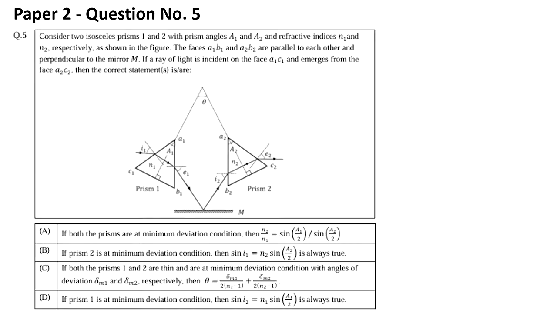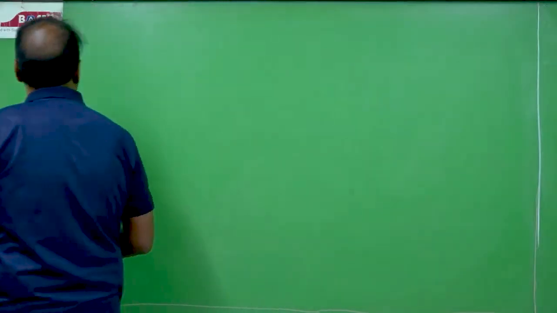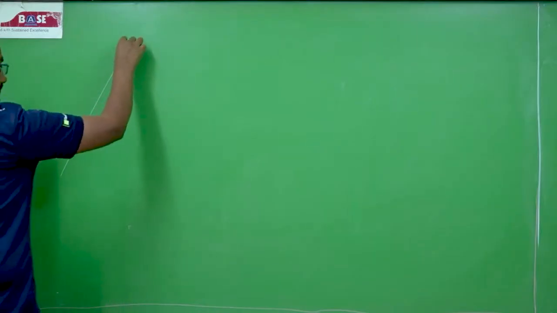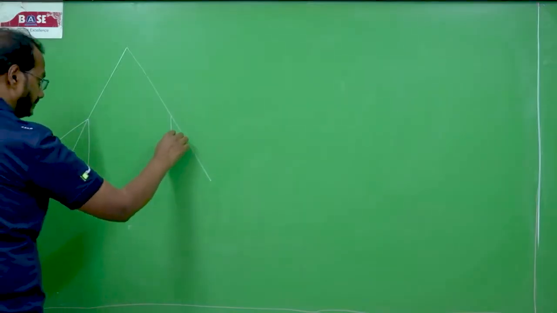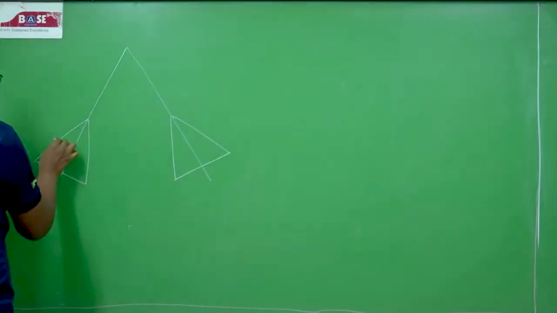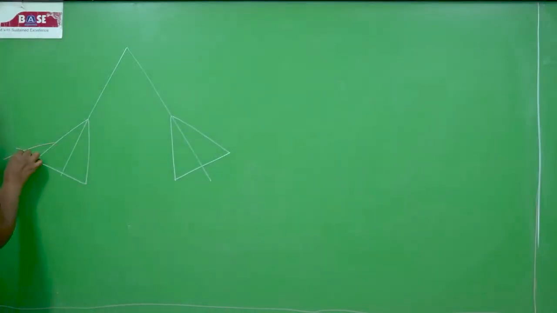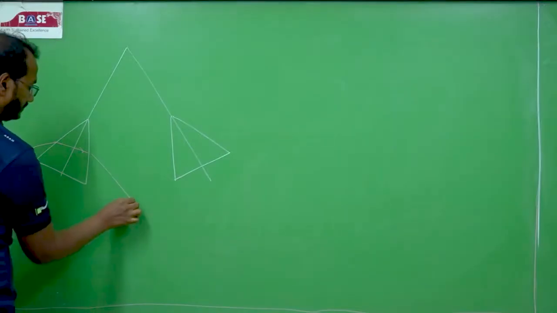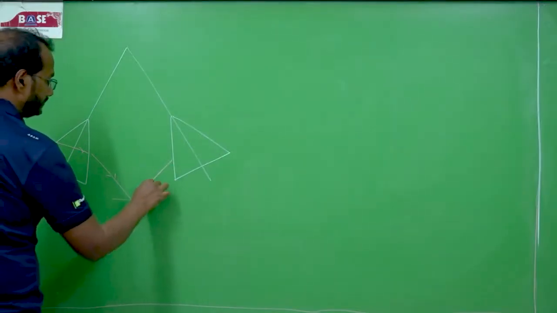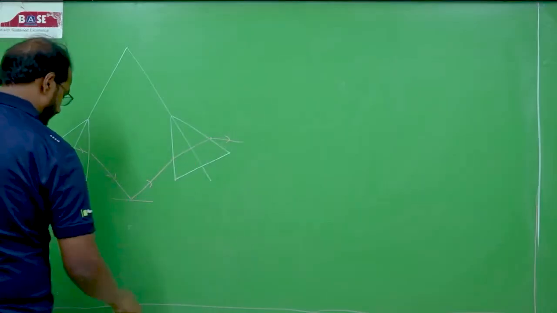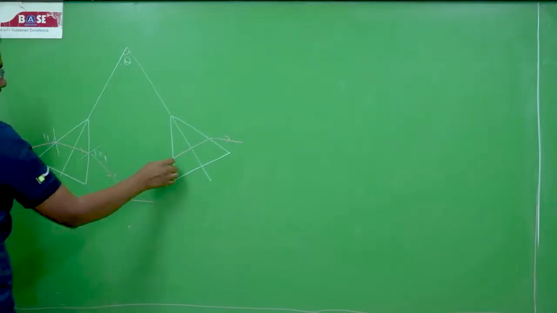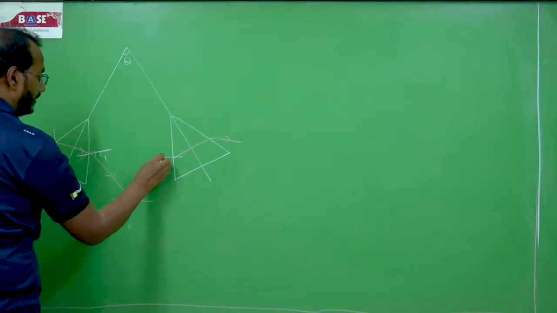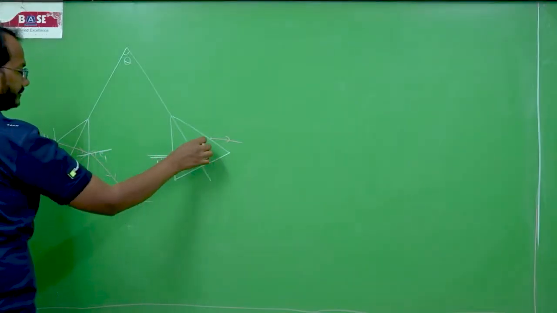First we draw the diagram. This angle is theta, it is I1, it is E1 and it is I2, like this.